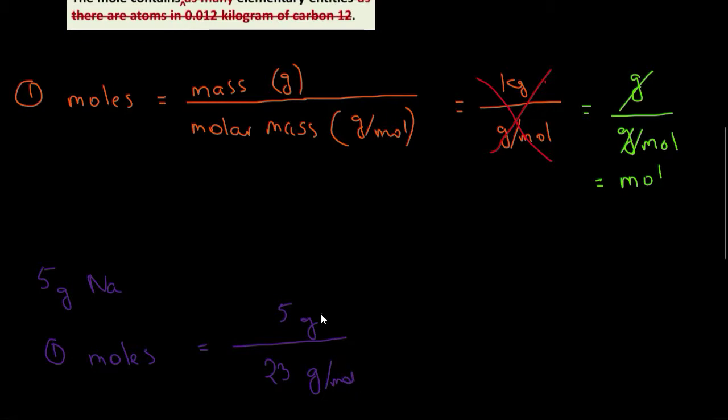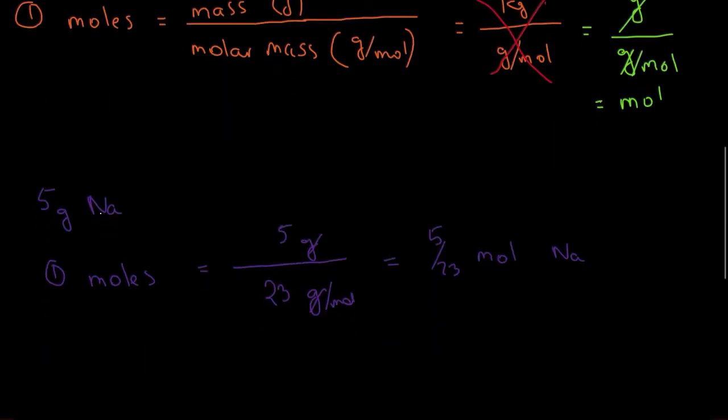And we know that the units, grams, cancel out. So you have 5 by 23 moles of sodium in 5 grams of sodium. I'm not going to solve this out. I'm just going to leave it like that. If you have a calculator, you can go and figure the value out.